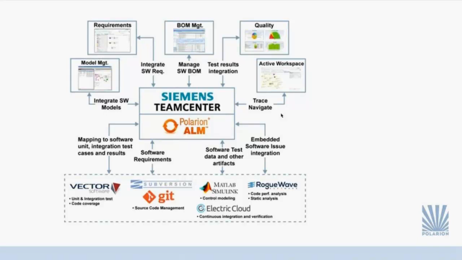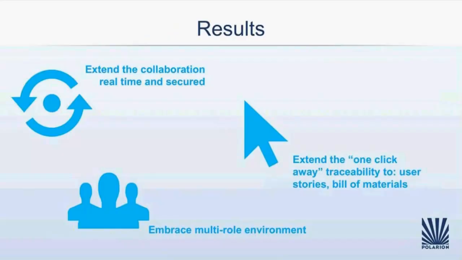So you have the full traceability, not just from a requirement to a source code or to the change in the build, but you have also the traceability up to bill of materials, to a system change request linked in your PLM system, which at the end expand the collaboration, real-time and secured.